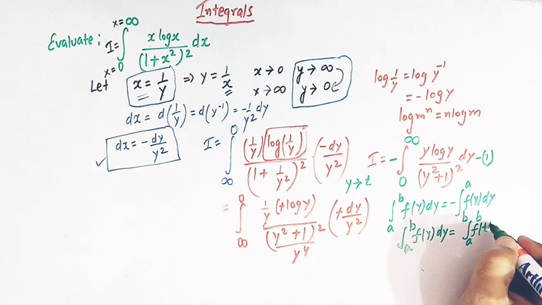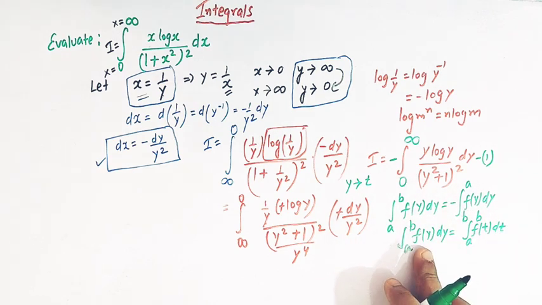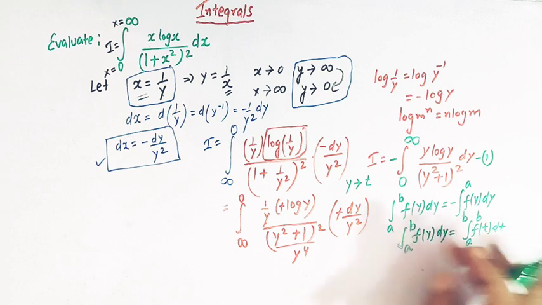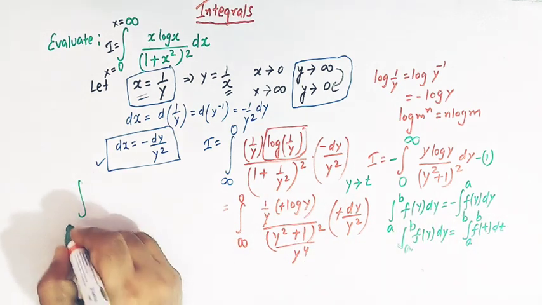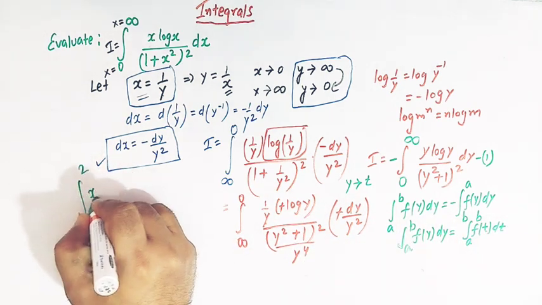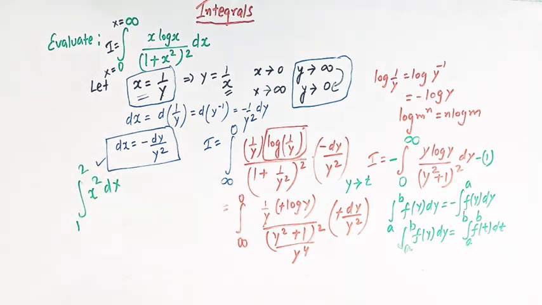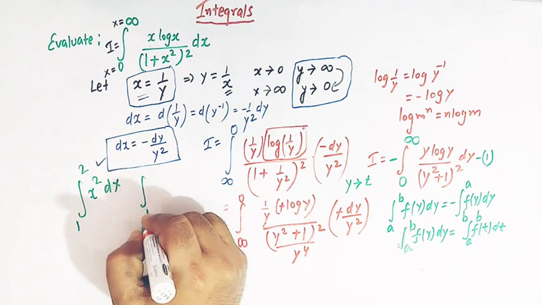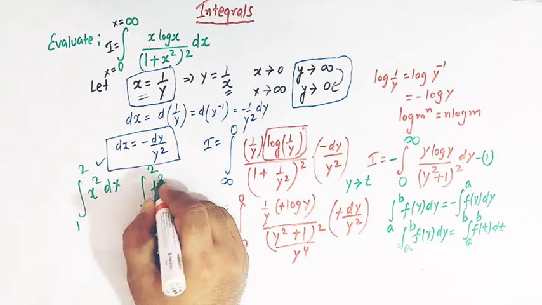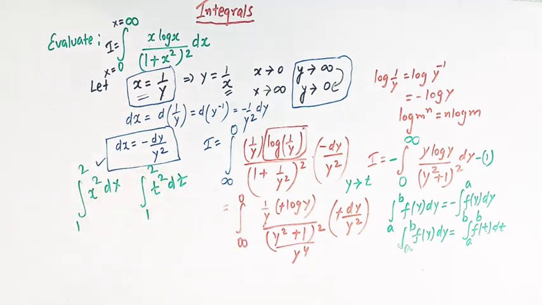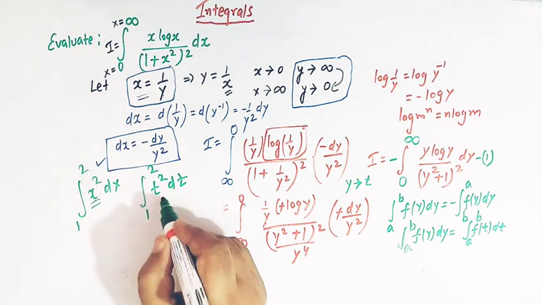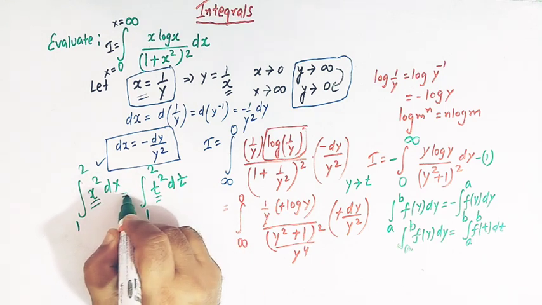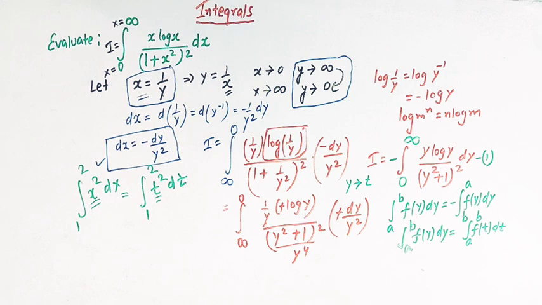It means there is no effect on the value of the integral if we change the variable. So to make it more clear, let us take an integral, say 1 to 2 x square dx, right? The value of this integral is same as the integral 1 to 2 t square dt, right? So here we have the variable x, here we have the variable t. So both the integrals are same, right?